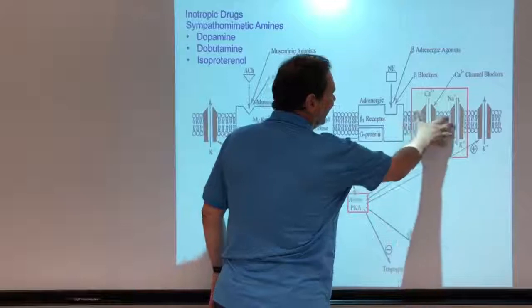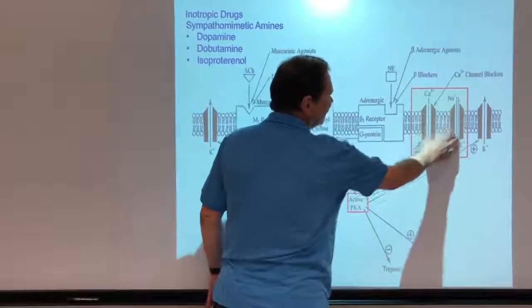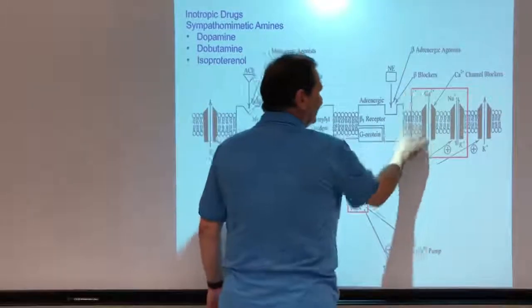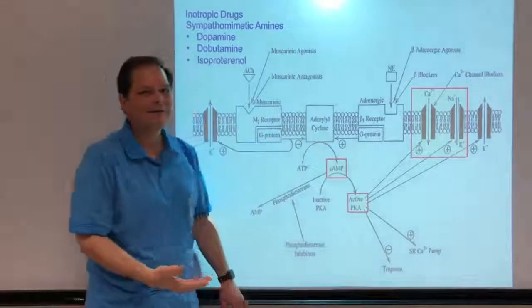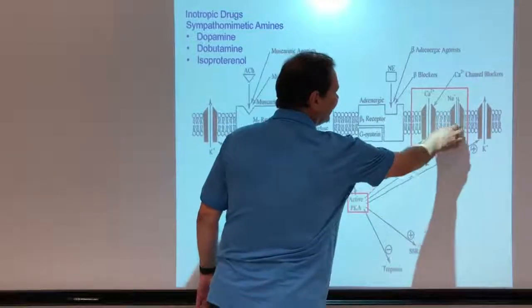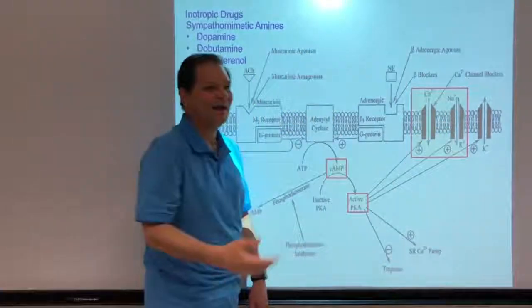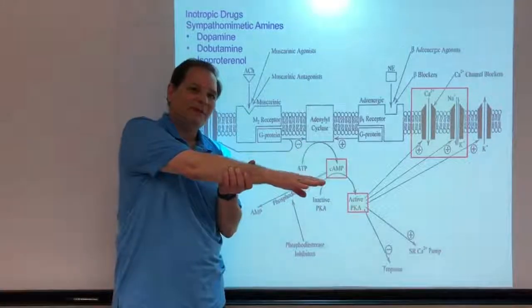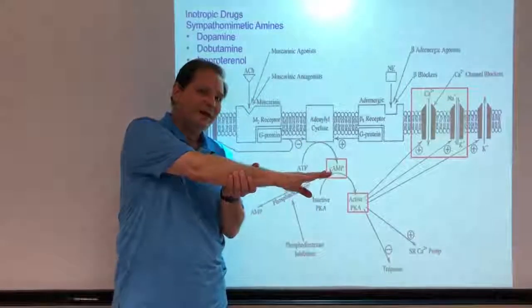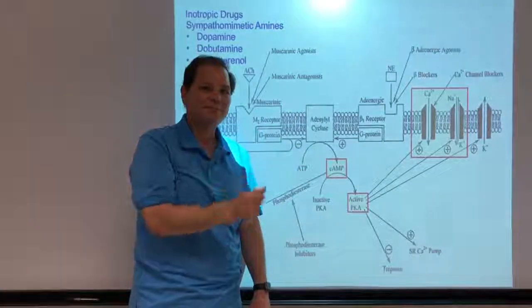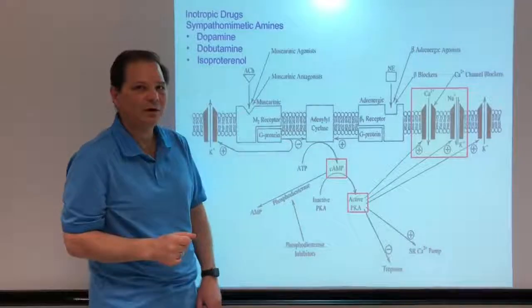It acts upon the pacemaker channel to increase its activity. It increases the activity of the L-type calcium channel. That increases the heart rate by increasing the activity of these channels in the SA node and causing that potential, in between action potentials, to rise and hit threshold sooner, and you'll get more action potentials per minute. You get an increase in heart rate.